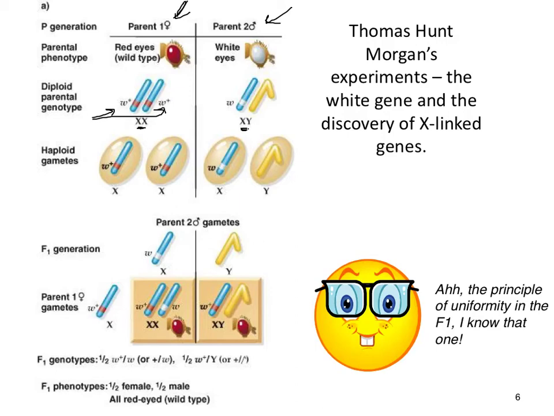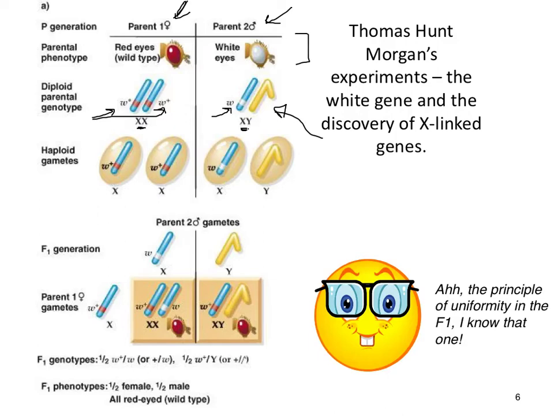Over here on the right, this male fly is an XY. The Y chromosome lacks the W gene. The X chromosome that this male has the W gene, but it's the mutant white-associated allele. So that's the genotype, and the corresponding phenotypes are shown up here.